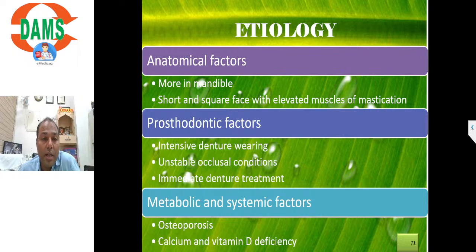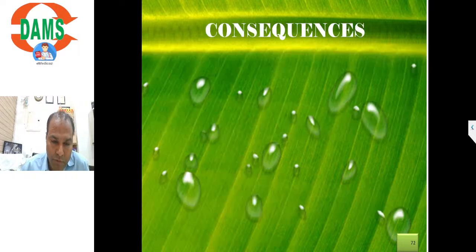If the patient is wearing dentures for a long period of time without going for recalls with the dentist, it might even cause residual resorption. Osteoporosis, I have told, osteopetrosis, vitamin D deficiency.